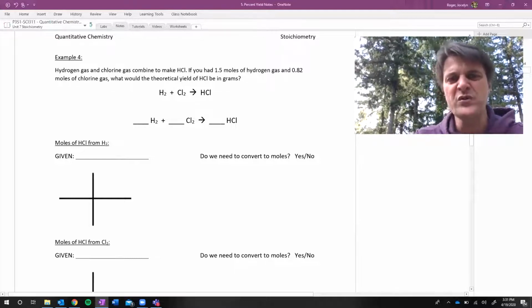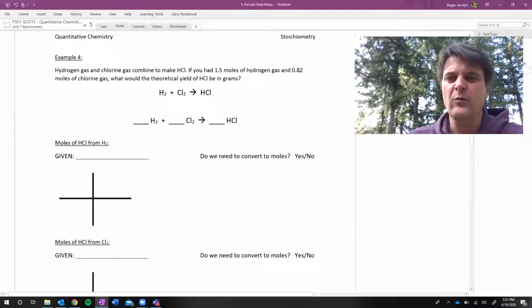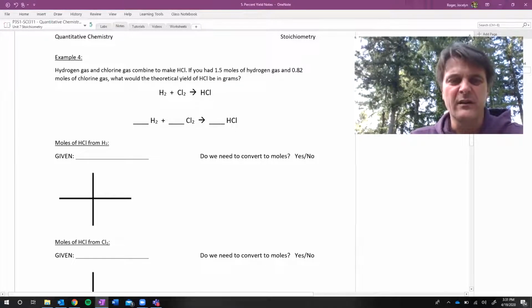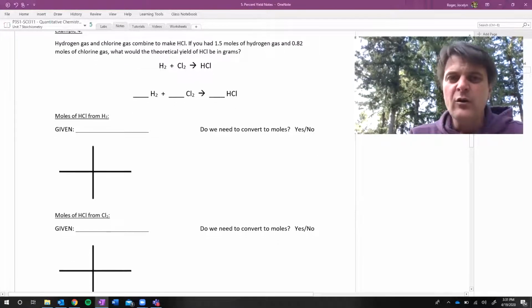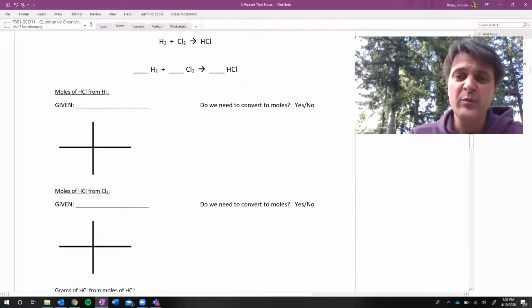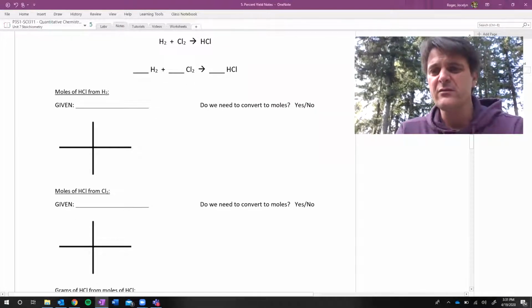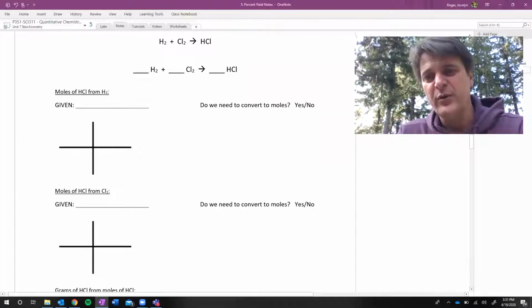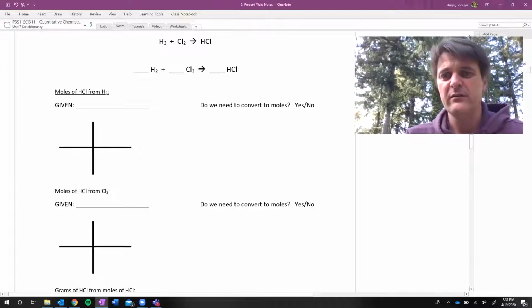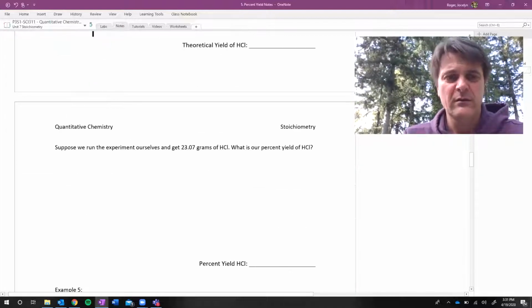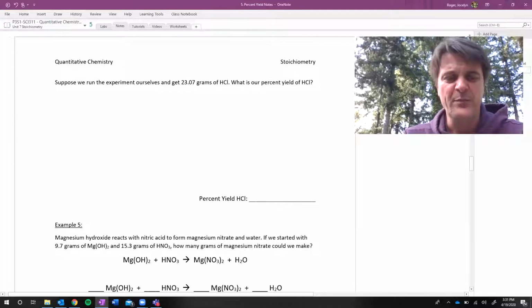This one is in moles, which is exactly like what we did in the previous lesson. If you have any questions or need a little refresher on that, please go and listen to or watch the previous lesson that we did on limiting and excess reagent.